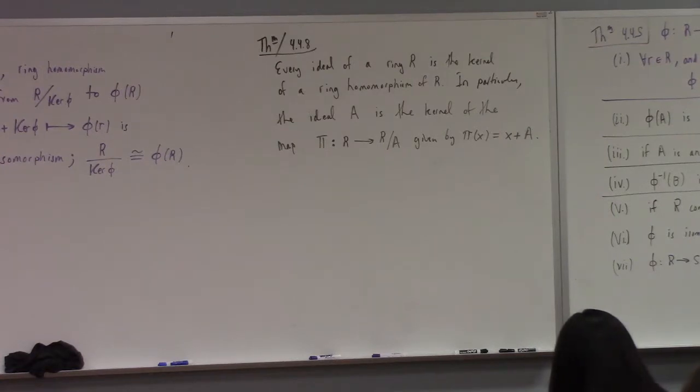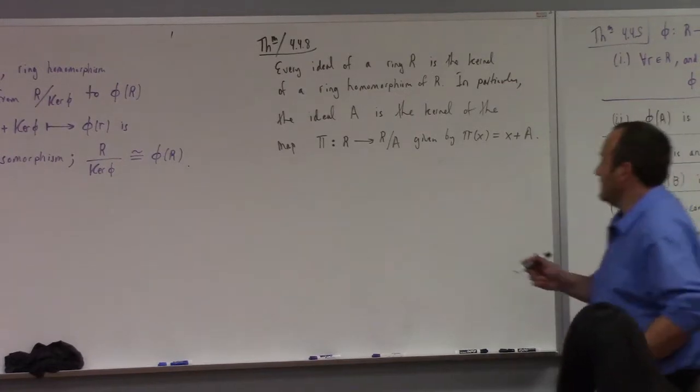This is the ring homomorphism which you can use. It's just the coset map. Right?